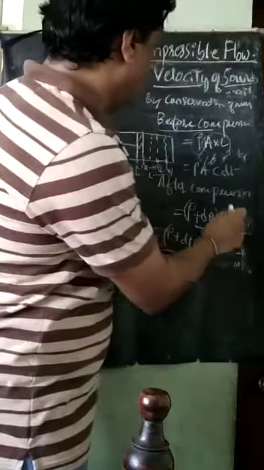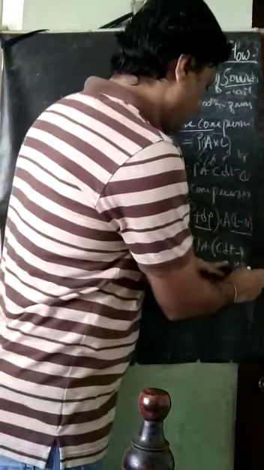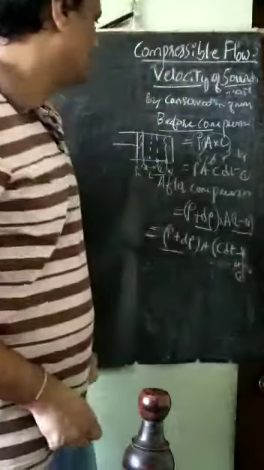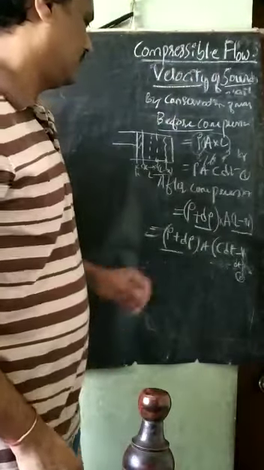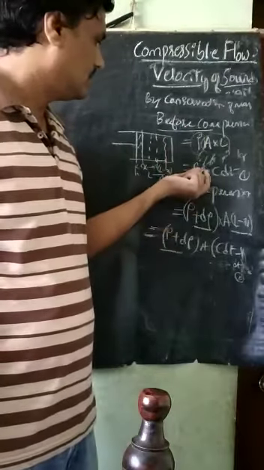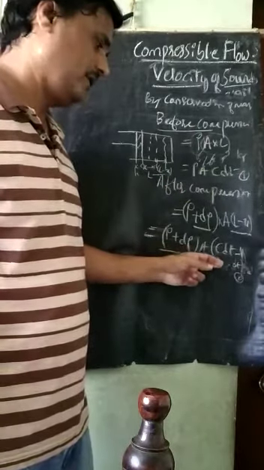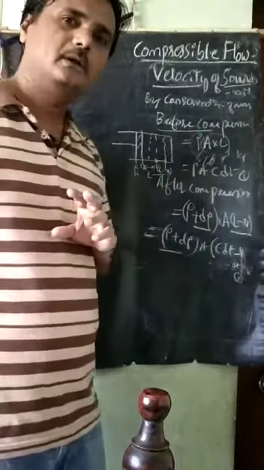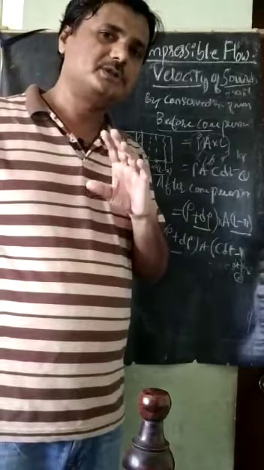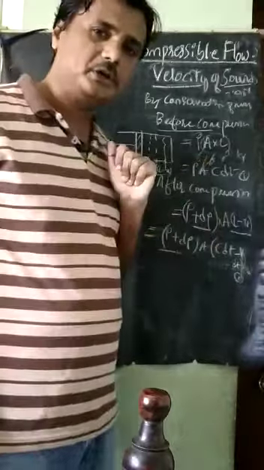We have already taken this as equation number 1, mass, and this is 2. So before compression that mass is rho a c dt. After compression this is equation number 2. But as for the conservation of mass, equation 1 is equal to equation 2.